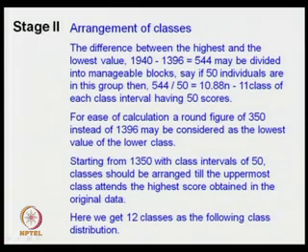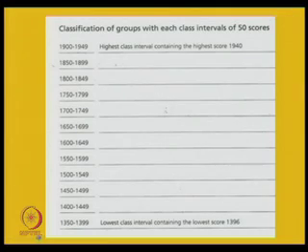So, starting from 1350 with class intervals of 50, classes should be arranged till the uppermost class attains the highest score obtained in the original data. Here we get 12 classes as the following class distribution.